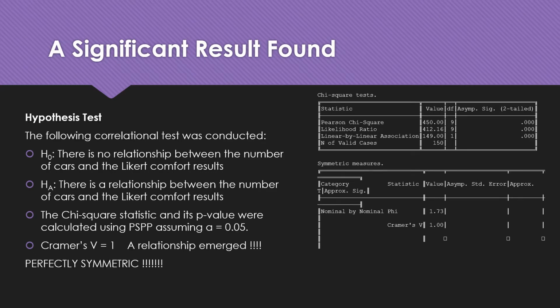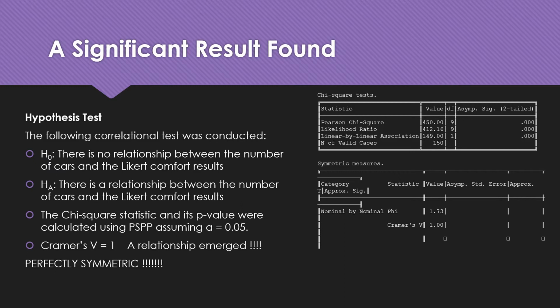In our third example, the following correlational test was conducted. Our null hypothesis is there is no relationship between the number of cars and the Likert comfort results. Our alternative hypothesis is there is a relationship between the number of cars and the Likert comfort results.